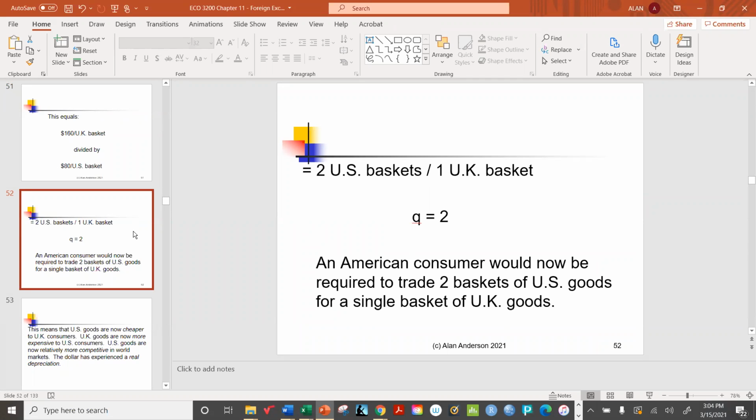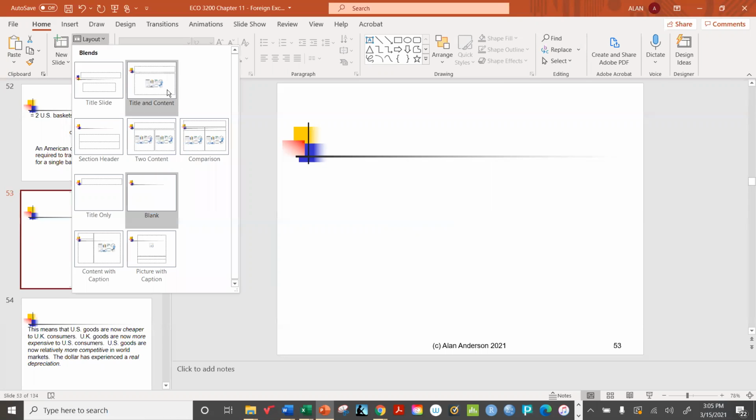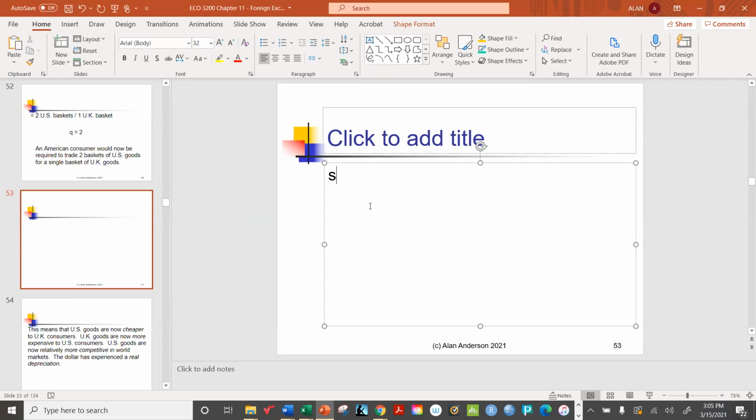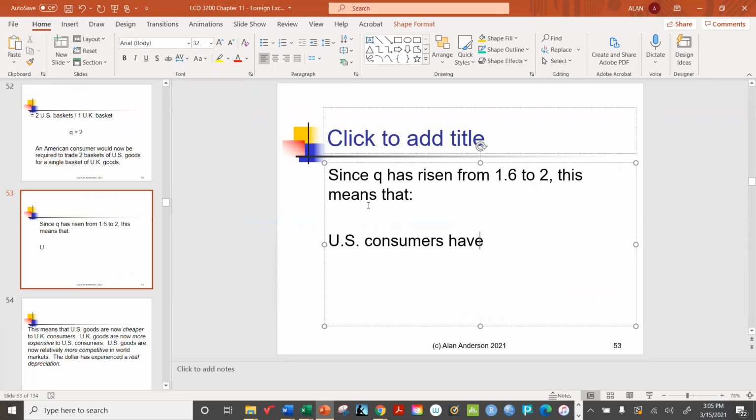Good question. Well, let's think about this. Since Q is now 2, or it has risen from 1.6 to 2, this means that US consumers have to pay 2 US baskets to buy 1 UK basket instead of 1.6.